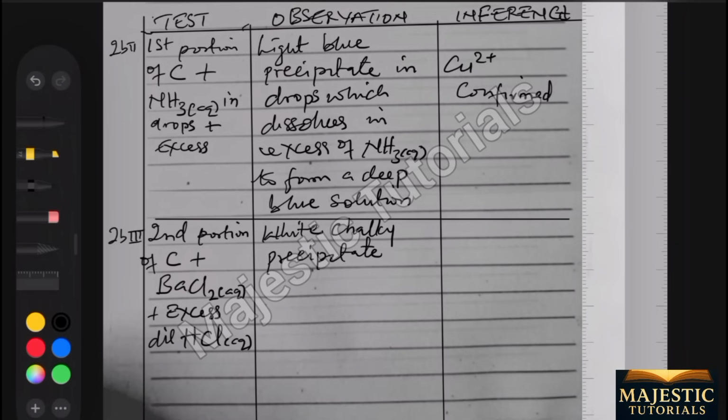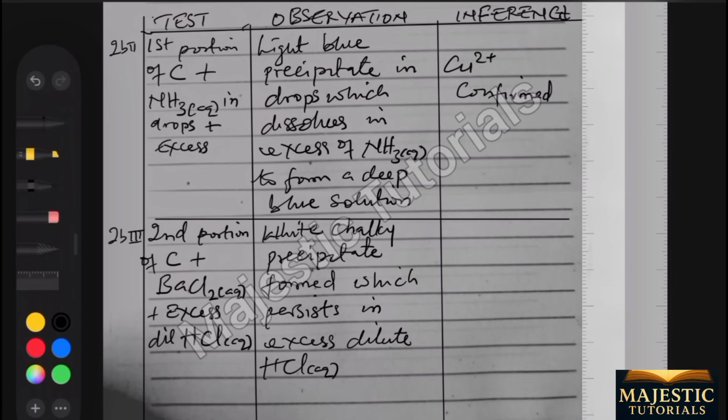White chalky or white powdery precipitate formed, which persists in excess dilute HCl.